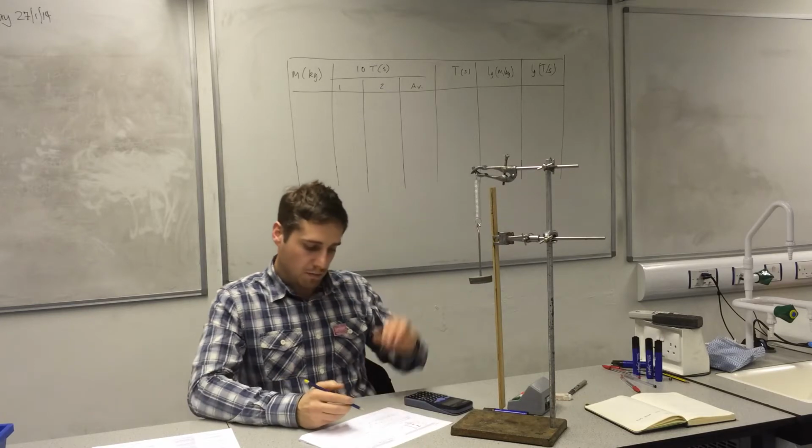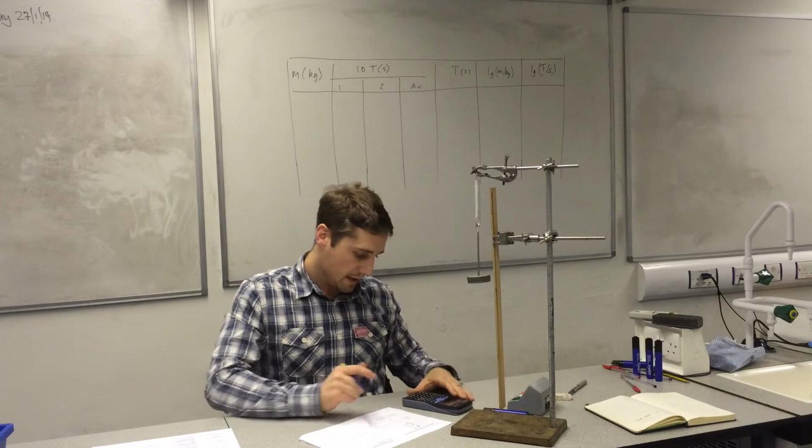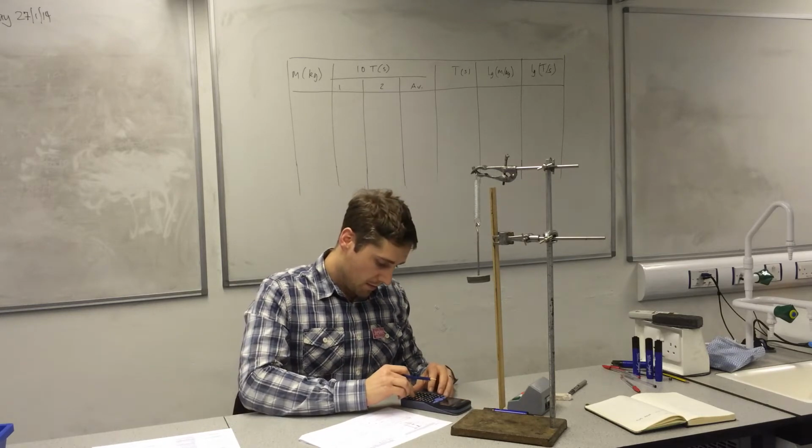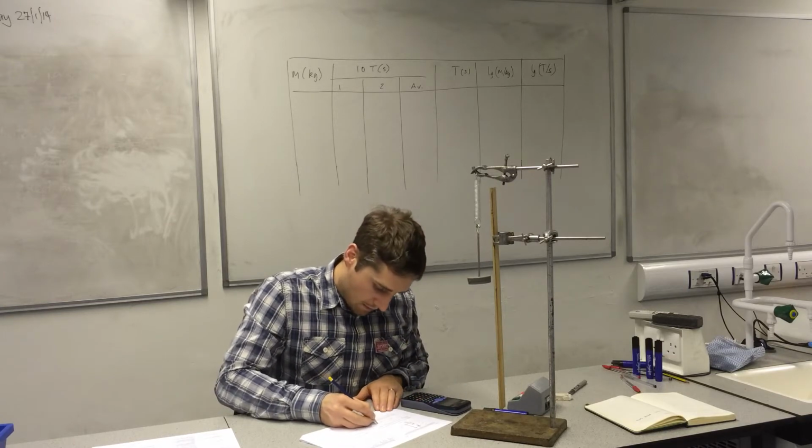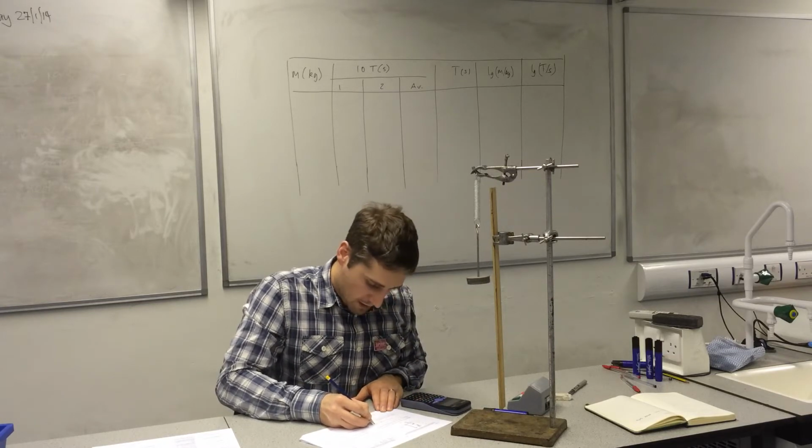Now, that's my 10t, so I need to divide that by 10 to work out the time period. That's 0.5.